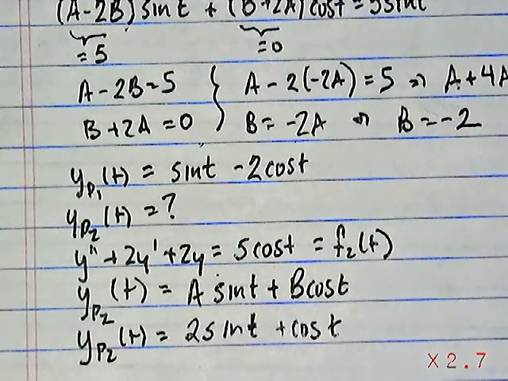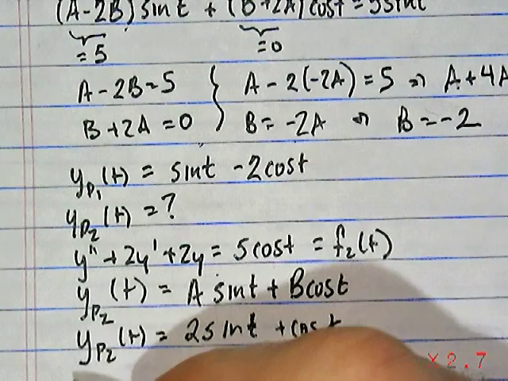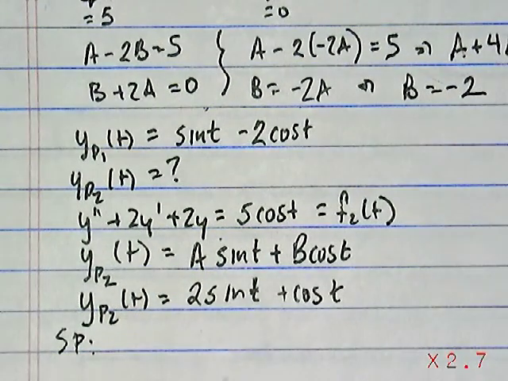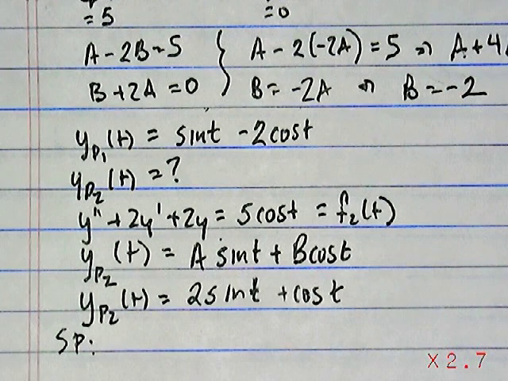Now, if we apply superposition, what that tells us is we have a solution when the right-hand side is 5 sine of t. We have a particular solution when the right-hand side is 5 cosine of t.